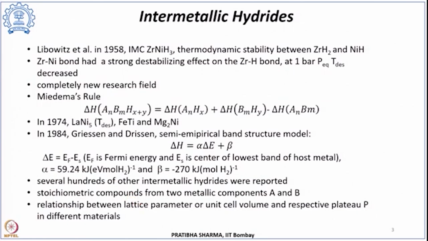And we have also seen in the previous class that in interstitial hydrides, when hydrogen enters the interstitial sites, there occurs an expansion of the lattice. So, it was also found that the lattice parameter or the unit cell volume is related to the plateau pressure in the different materials.